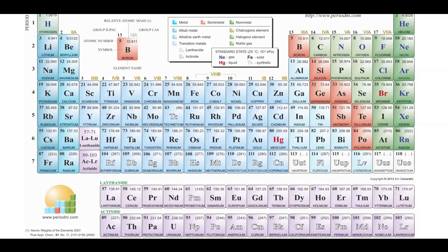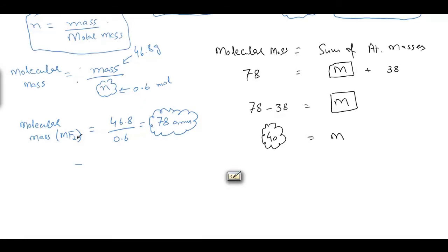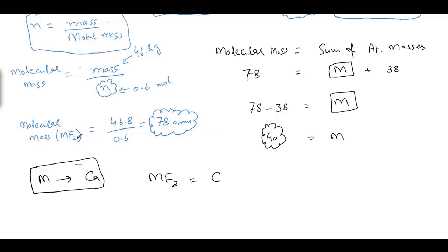So we have determined the metal M. The symbol M represents calcium. So the compound MF2 is actually CaF2. So we have solved the second part of this numerical problem, question number 11 from the F.Sc Part 1 Chemistry.